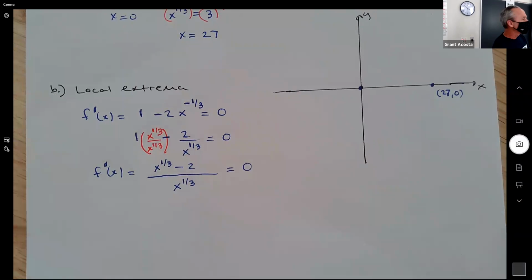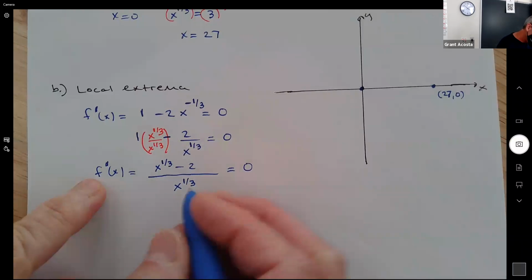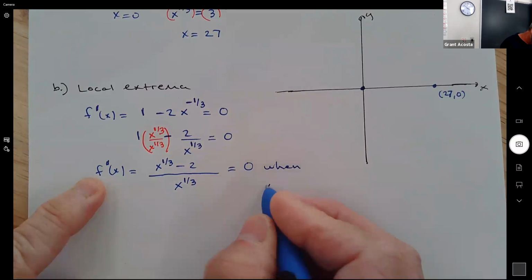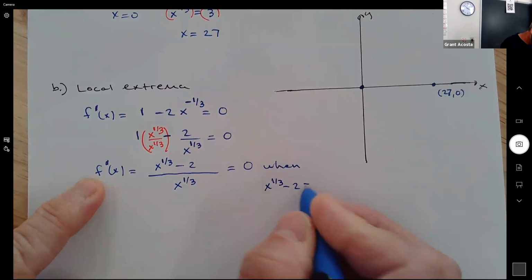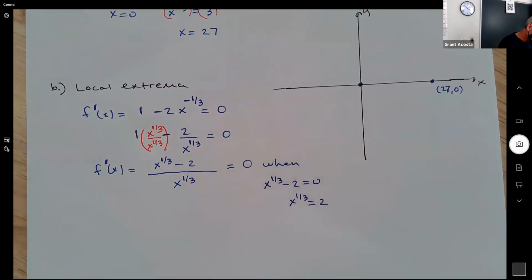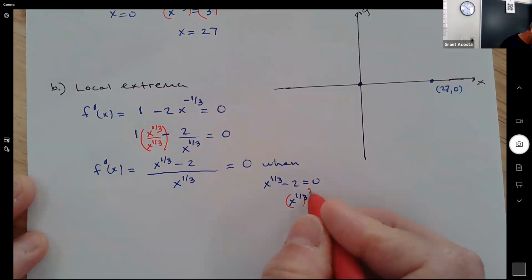I remember asking this last time. When I have a fraction equal to 0, which part is 0? Top. So I know this derivative is going to equal 0 when x to the 1/3 minus 2 is equal to 0, which means x to the 1/3 equals 2. Cube both sides again.